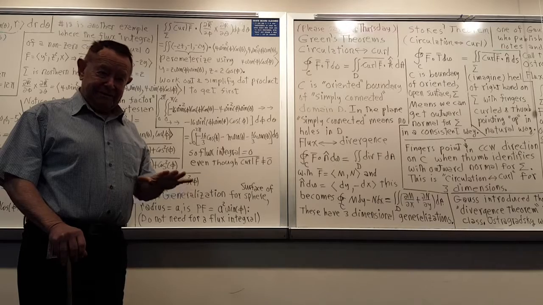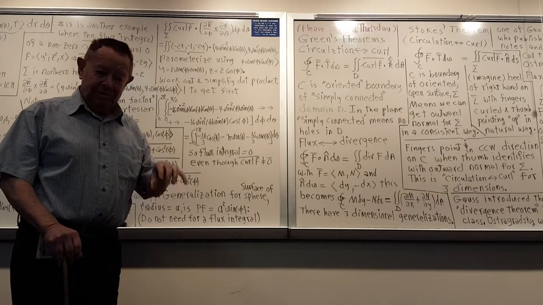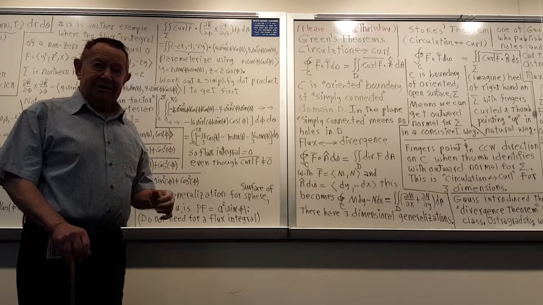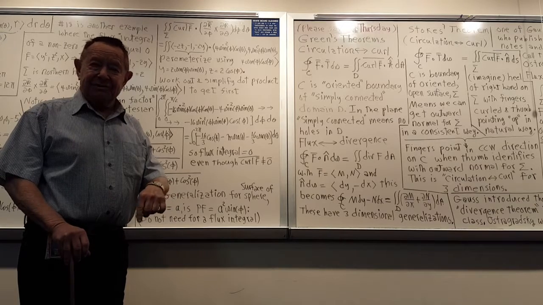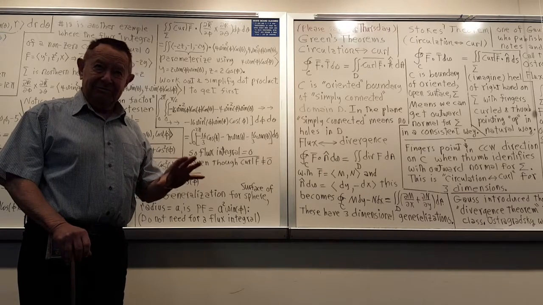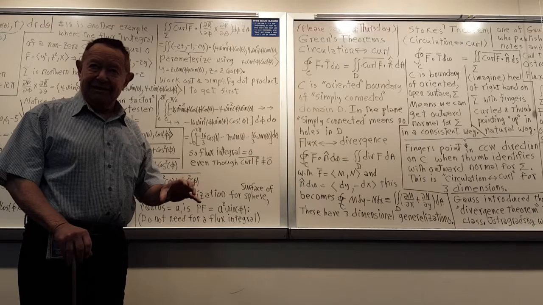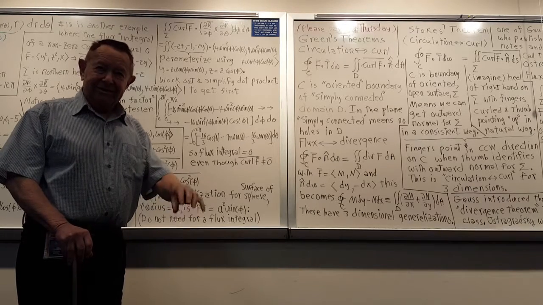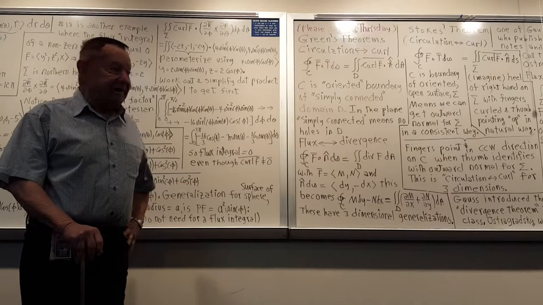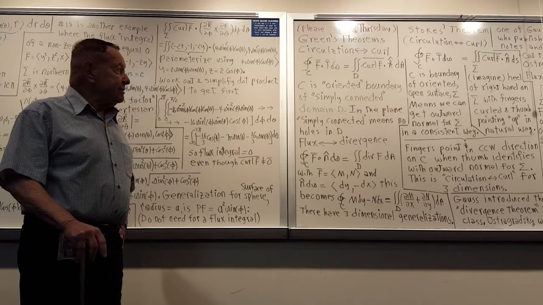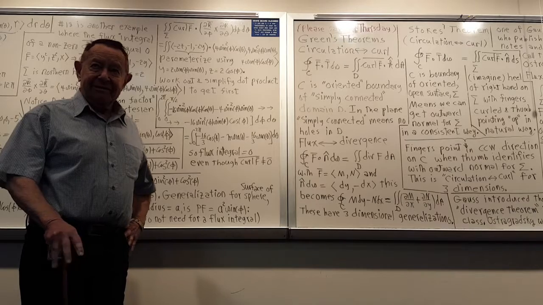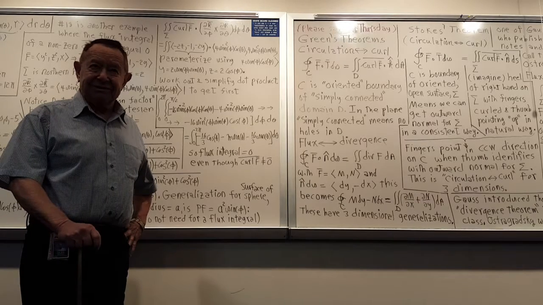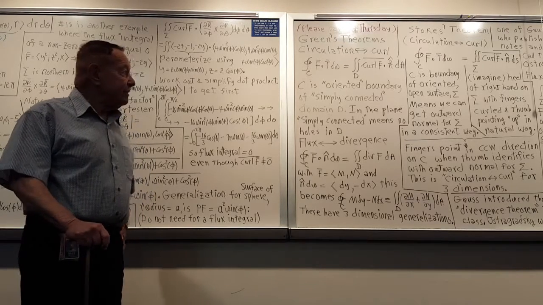So if you had in the plane a hole bored through the paper, then you could have a closed curve that would surround the hole, which would be points in the domain, but you couldn't shrink it down without falling into the hole and getting out of the domain. If you get something with holes like that, then these theorems are not necessarily true anymore.